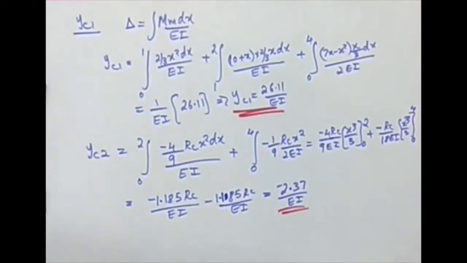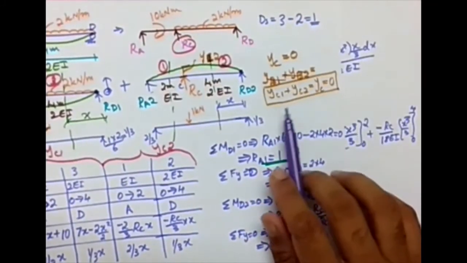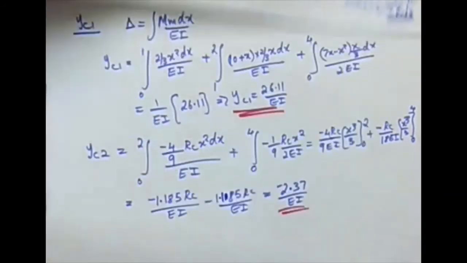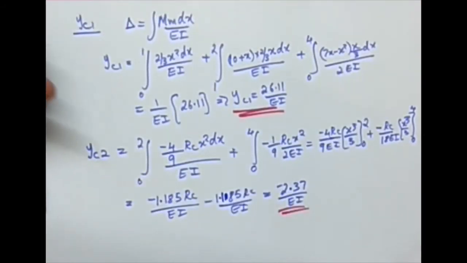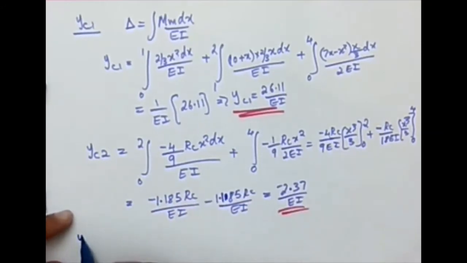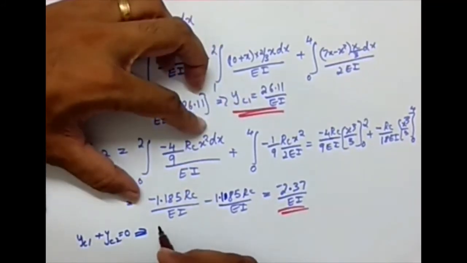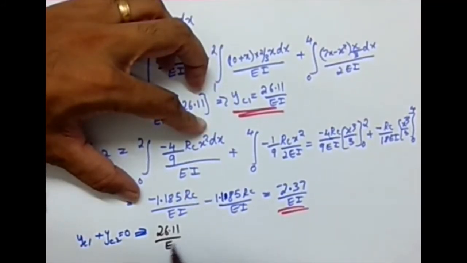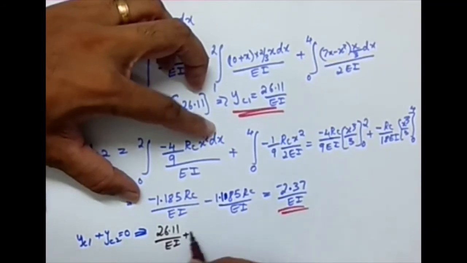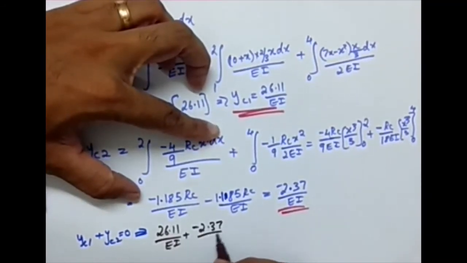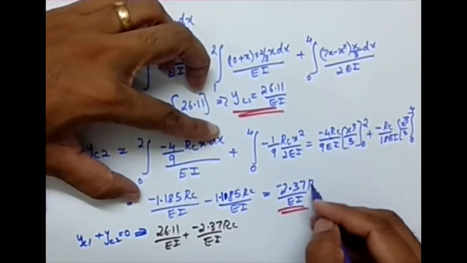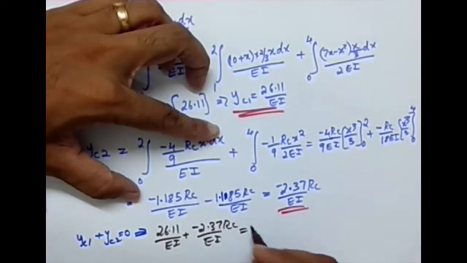Now we have the values of yc1 and yc2. Now we can use the compatibility equation that we have already prepared, that is yc1 plus yc2 equal to 0. So I'm going to do that without wasting any further time. So yc1 plus yc2 equal to 0, which implies 26.11 by EI plus minus 2.37 Rc by EI, I forgot to write Rc here, equal to 0.